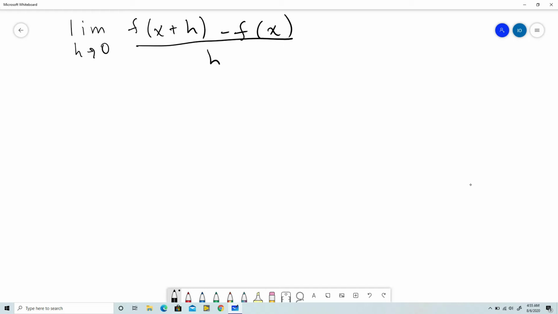As h approaches 0, the limit of the function at x plus h minus the function at just x, over h, is the limit definition of a derivative. There are several ways to write this. The one I wrote above is just one way, but they all mean the same.